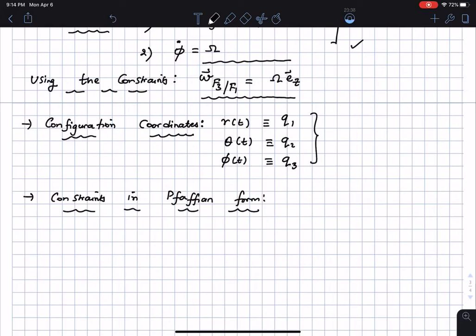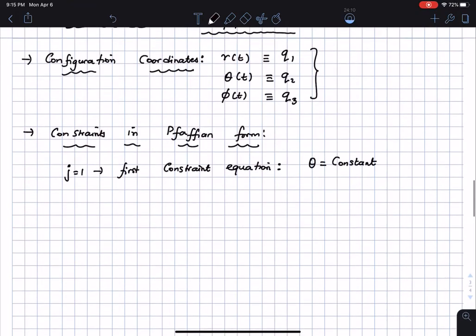We have two constraints. j is equal to 1 is the first constraint equation, and this equation is theta is equal to a constant, which essentially implies that theta is q2 for us.